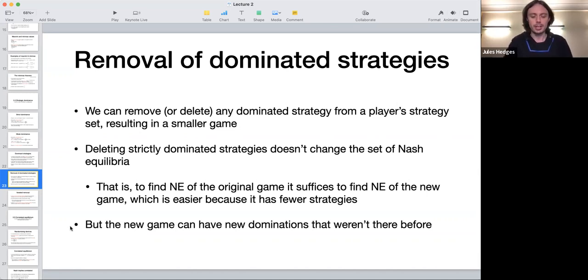A bit more subtly, after we delete dominated strategies, the new game can magically have new pairs of dominated strategies that previously were not dominated. I'll get you to work through some examples of this in exercises.